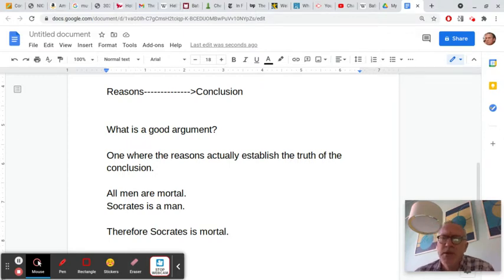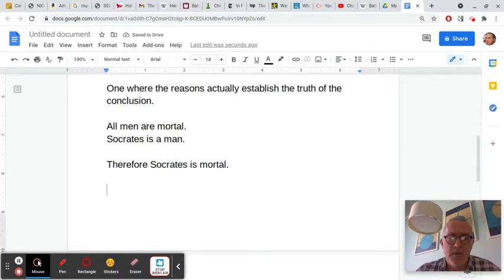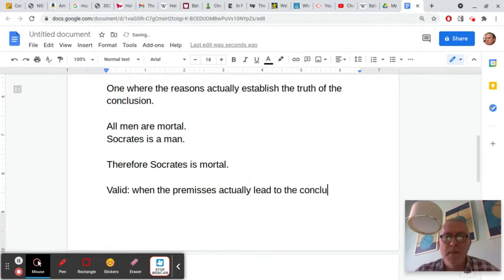Now, of course, we can ask a couple of things about arguments. Arguments are said to be valid when the premises actually lead to the conclusion. To put it in loose terms, that means an argument is valid.